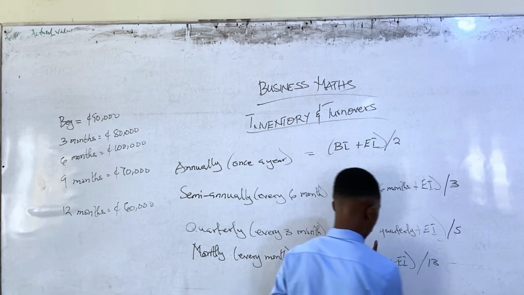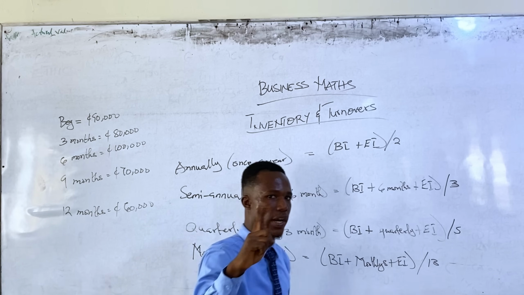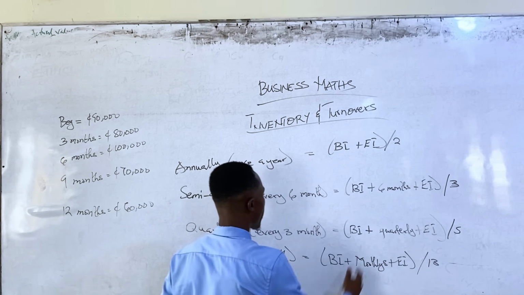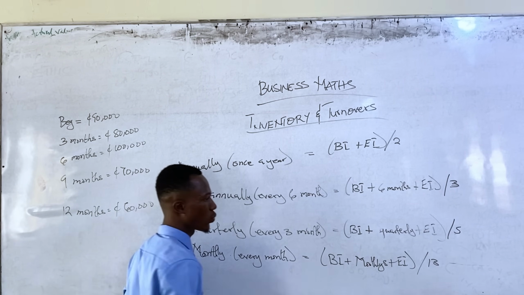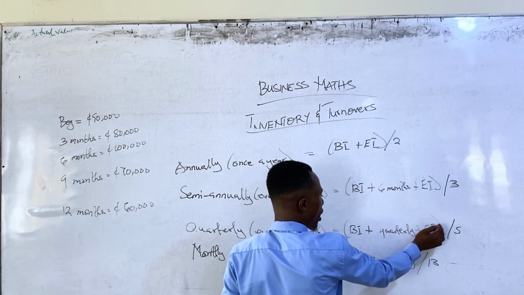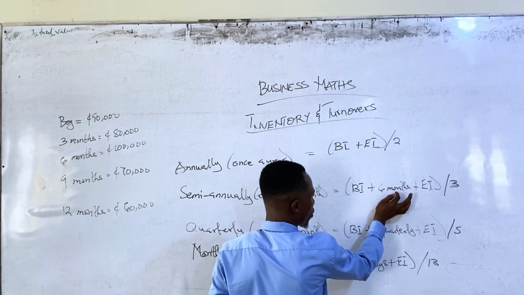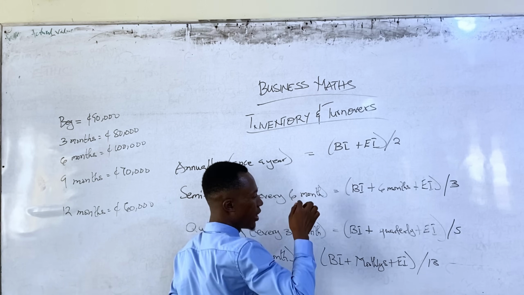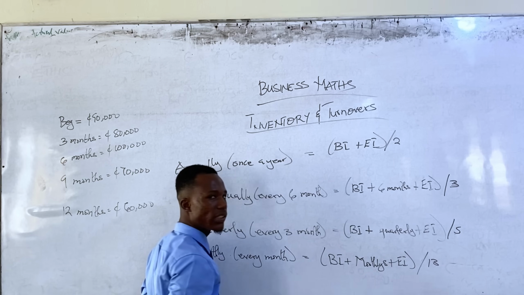The more reason why I said the beginning and the ending are mostly together to give us 1 is that here, like the quarterly, you were given the 9 months, and the last 3 months was classified as what? Our ending inventory. You get it? So the ending inventory has become part of this quarterly. This ending inventory will also become part of this 6 months. This ending inventory will become part of the beginning inventory. This ending inventory will become part of the last month in the year, which is December.